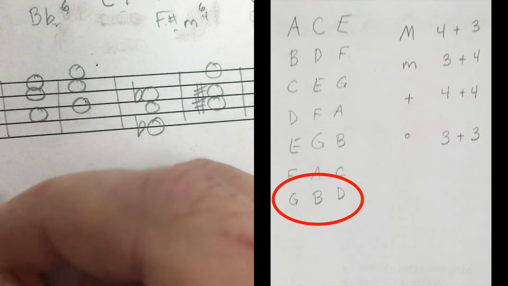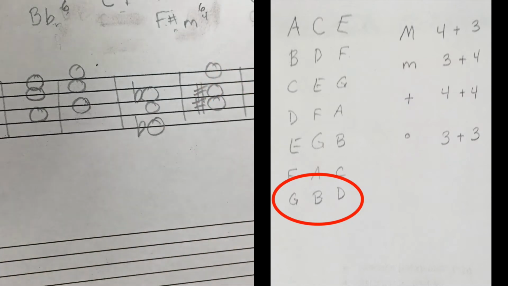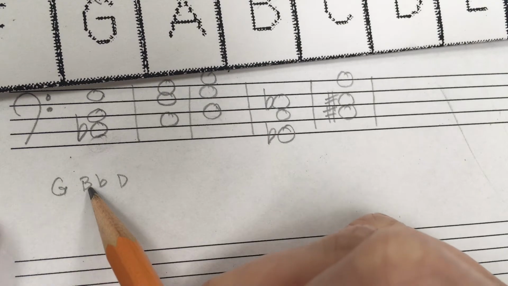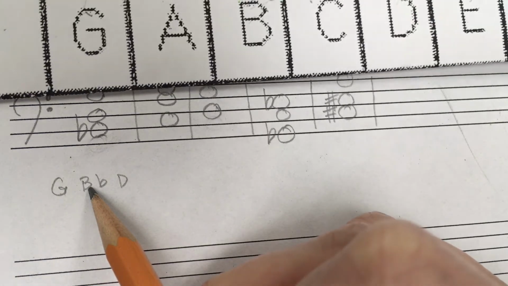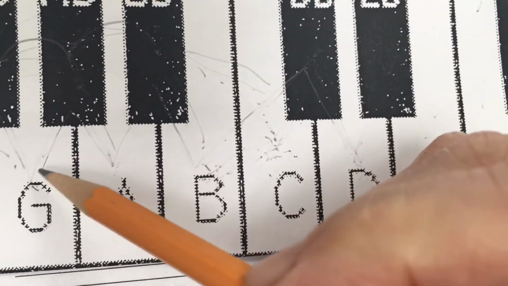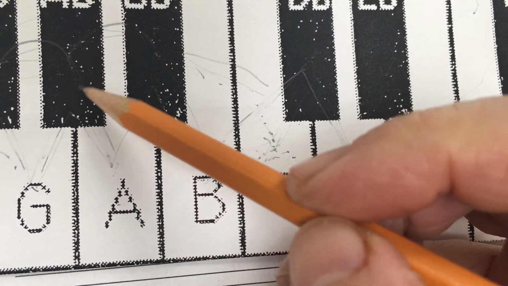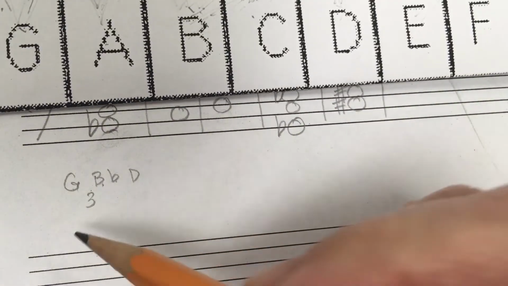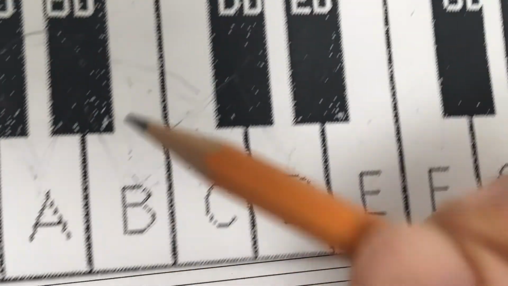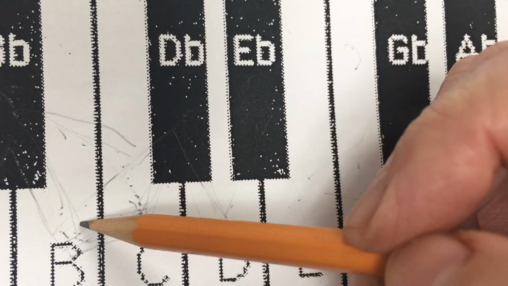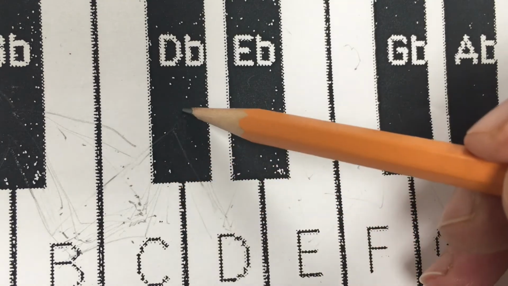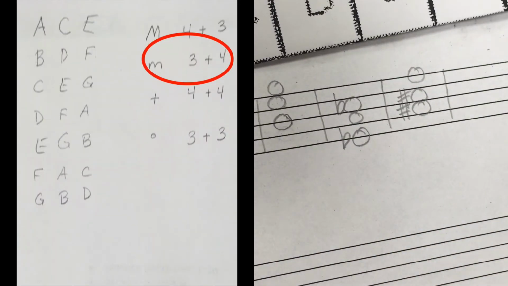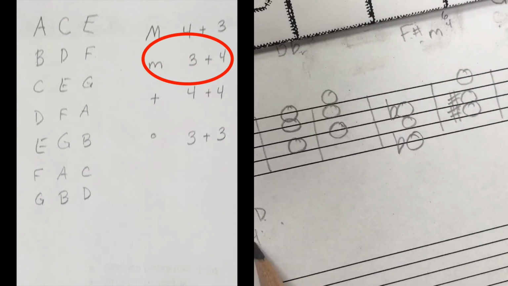G, B flat, D. Let's find the distance between our root and our third. 1, 2, 3. Okay, between B flat and D, our third and our fifth. 1, 2, 3, 4. This is the formula for a minor triad.